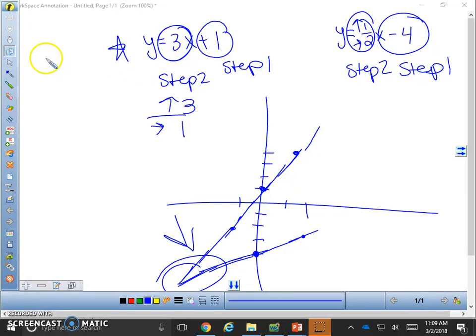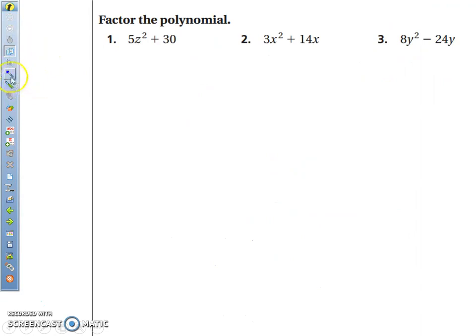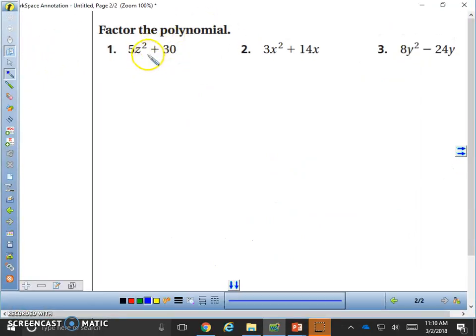So we have 5z squared plus 30. We're trying to find the greatest common factor between 5z squared and 30. So we're writing down all of the factors of these. Factors of 5 are 1 and 5.